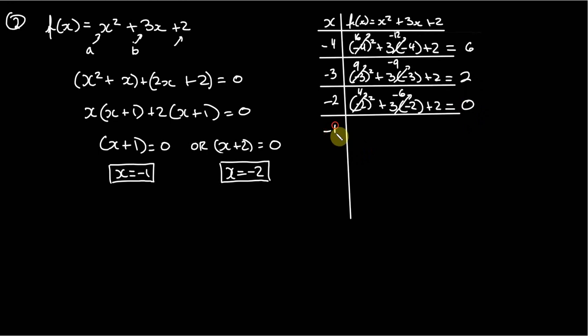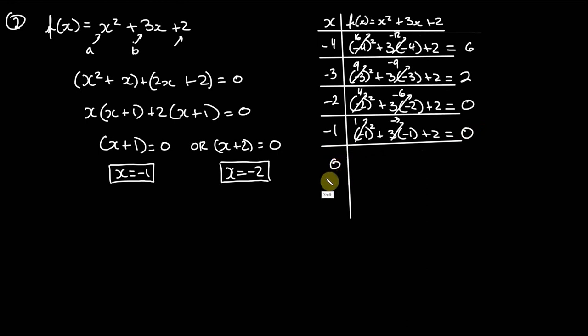Alright, and now we've got x equals -1. So it's -1 squared plus 3 times -1 plus 2. -1 squared is 1, and 3 times -1 is -3. So it's 1 minus 3, which is -2, plus 2, and again equals 0. So that's quite an interesting result.